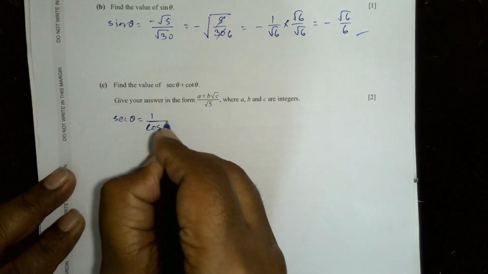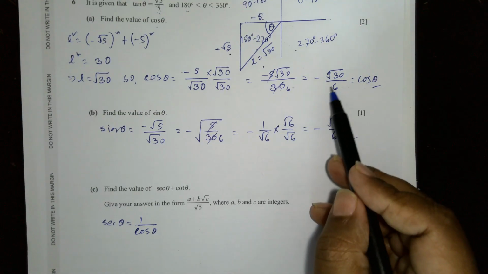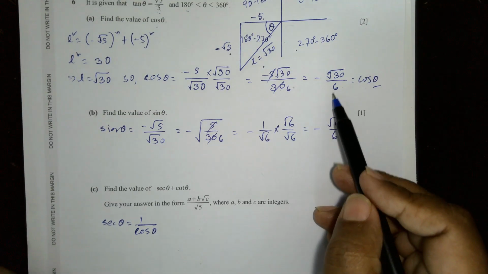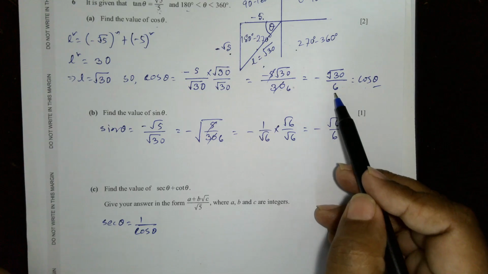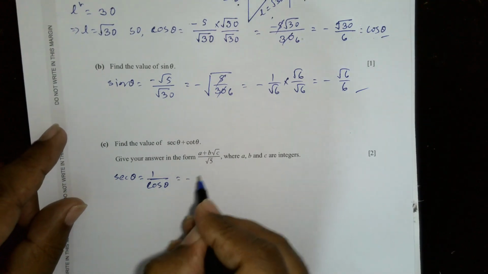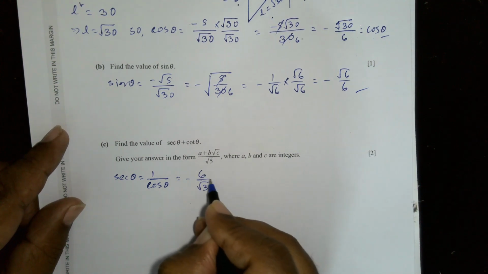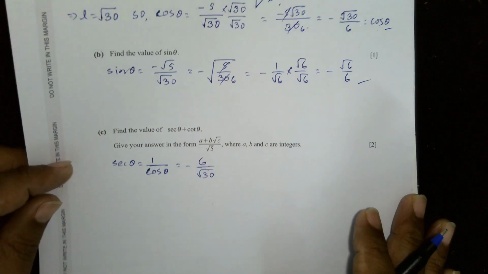But what did we find for cos theta? Minus square root 30 over 6. So it will be reversed, right? So it will be minus 6 divided by square root 30. Let's keep it like this.